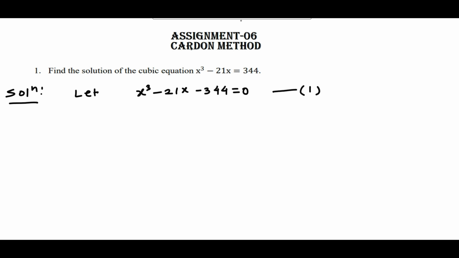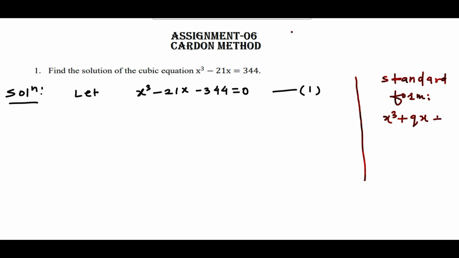So let us consider this as equation number 1. But in the Cardon method, as we know, the standard form of the cubic equation is x cube plus qx plus r is equal to 0.